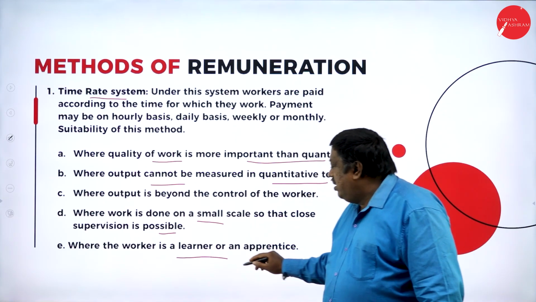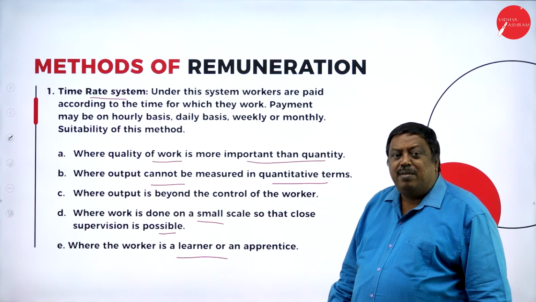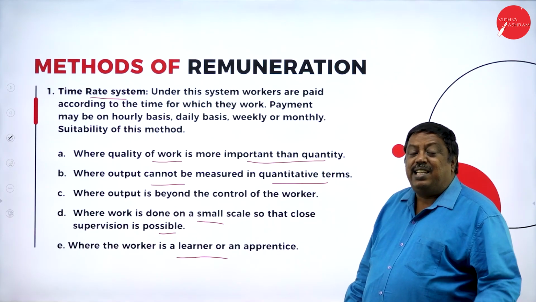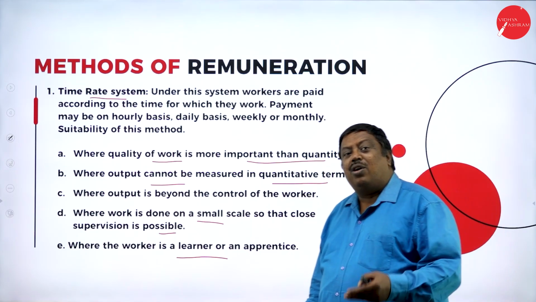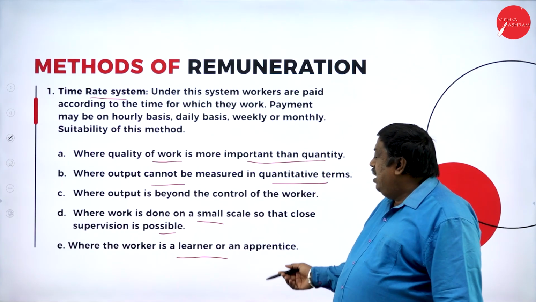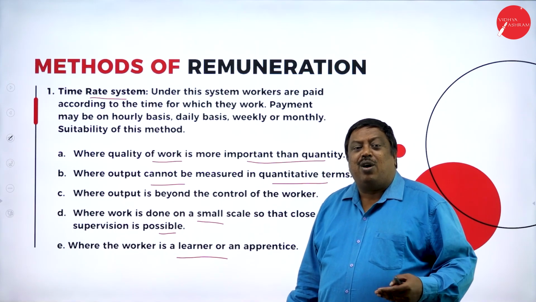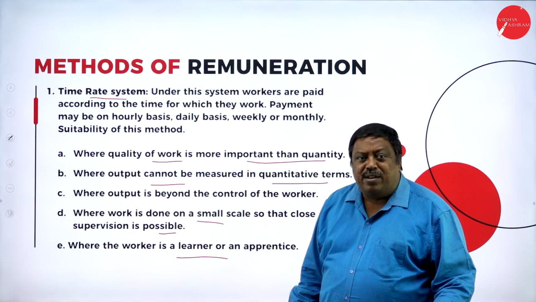Where the worker is a learner or an apprentice, I mean whether he is a trainee getting trained to work in the organization, or has just started to learn the concepts in the process of conversion.